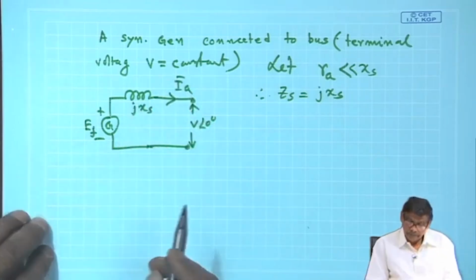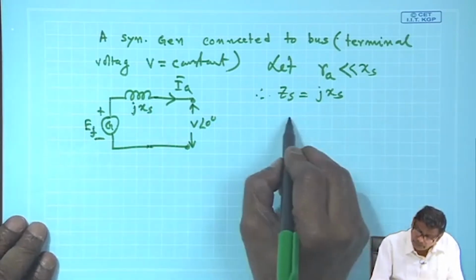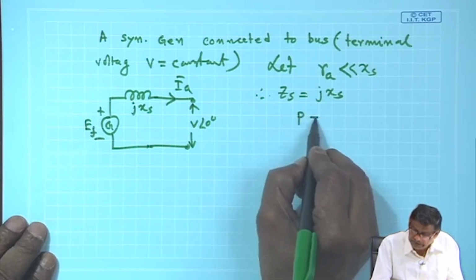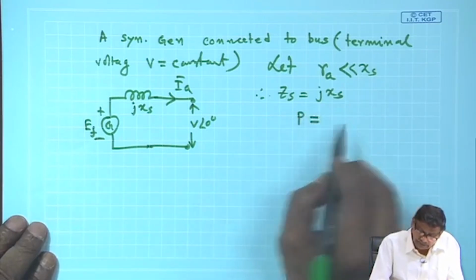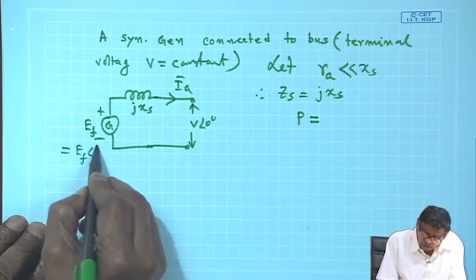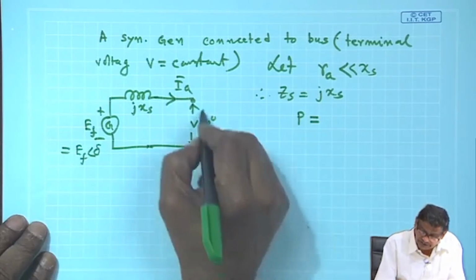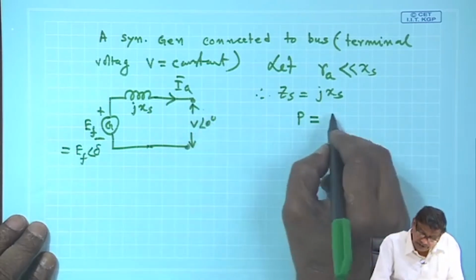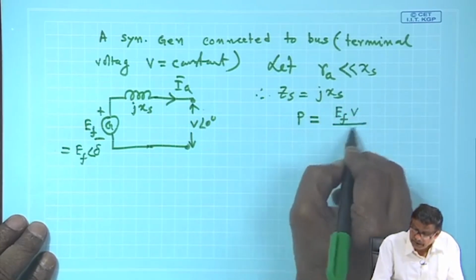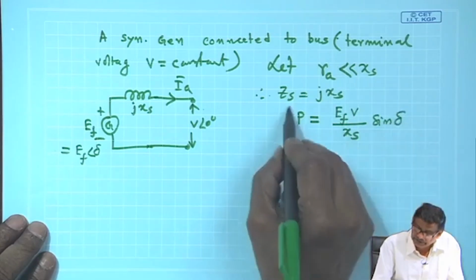Under this condition, we know the power delivered by the generator, and this EF is EF at angle delta. Always take the terminal voltage, which is constant, as your reference, 0 degree. So, P is equal to, we have already seen, EF V by XS sin delta, a very simple relationship.